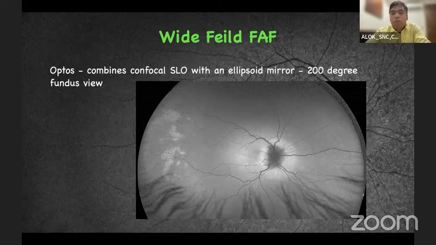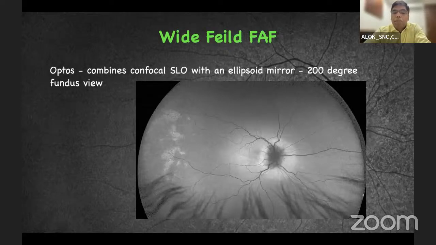Now, there is one more system that we are using, and that is wide field autofluorescence. And this is a picture taken from Optos. It provides a 200-degree view of the fundus using an ellipsoid mirror. Now, the importance is that in some diseases, especially uveitis, or even in age-related macular degeneration, people have noted changes in the peripheral retina as well.